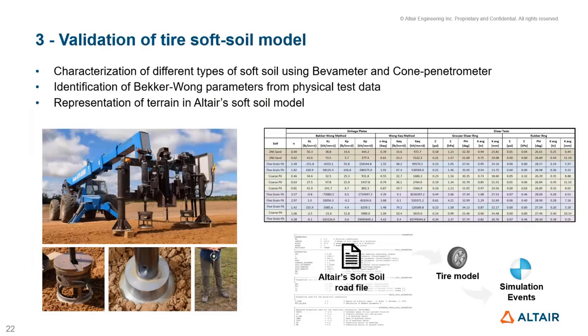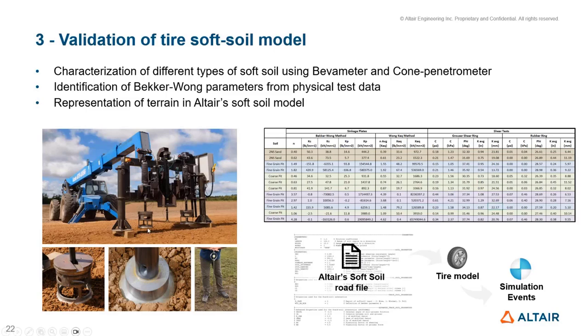tire soft soil model. It starts by modeling the Altair soft soil road using the Bevameter and the cone penetrometer data. So basically, just to briefly explain, the Bevameter performed two tests that you see here.